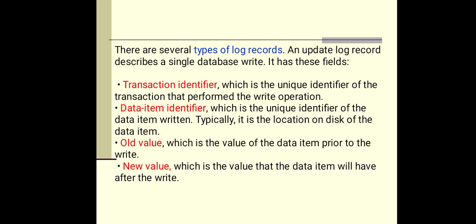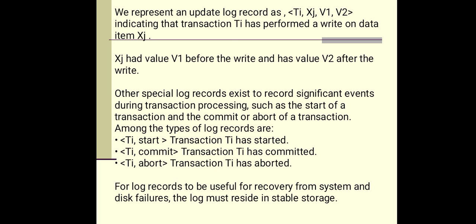Next is old value, which is the value of the data item prior to the write. And new value is the value of the data item after the write operation. So these four things are there in the log record.